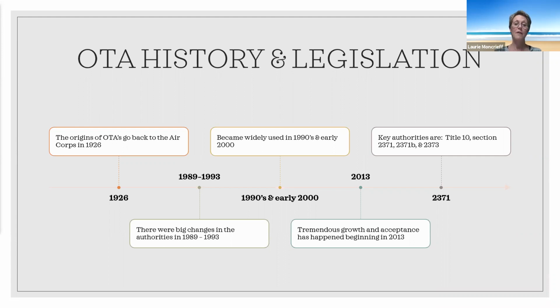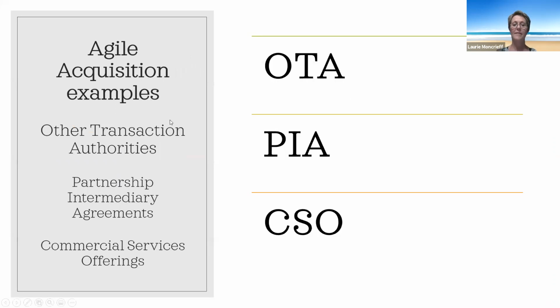Again, it's been around for that long, but over time it's been picking up steam. And we've had some great folks in the Pentagon over the last few years that have been highly supportive of this. And so we've seen a lot of popularity with OTAs, and I just love seeing that they're continuing to foster that. Next slide.